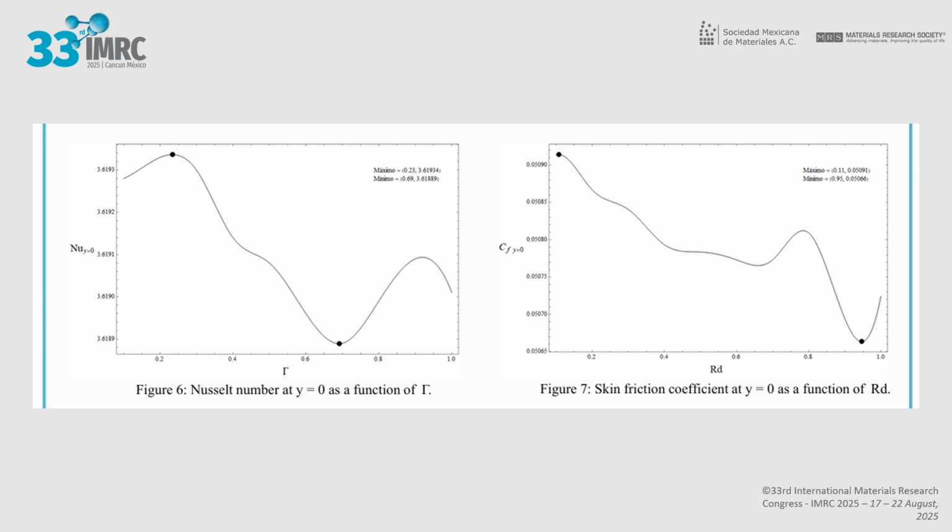This behavior may be attributed to the sensitivity of the thermal gradient near the wall to small variations in gamma, as this parameter affects both the velocity distribution and the system's viscous dissipation. As gamma decreases, the effective viscosity of the nanofluid increases, which reduces velocity and consequently the convective transport rate.